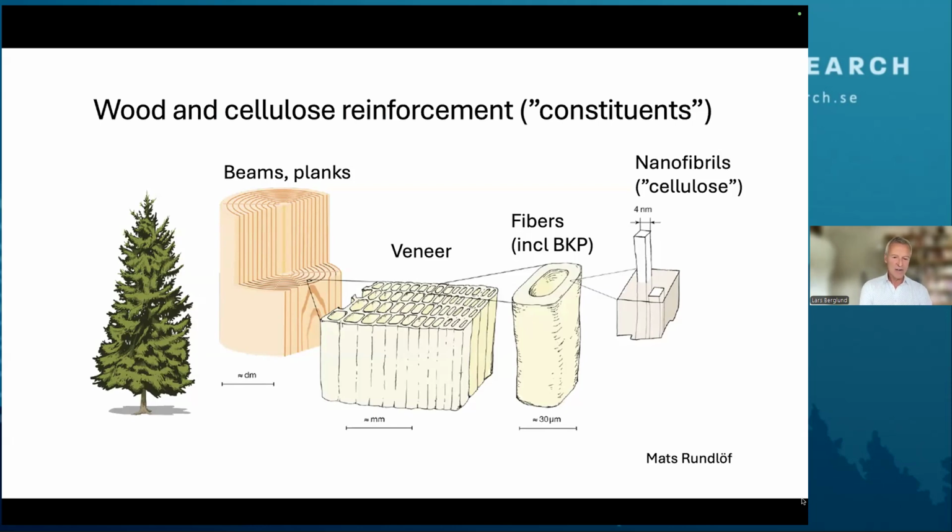Then we have veneer used in plywood, but we can also impregnate the veneer to turn it into wood composites. Previously, it was very popular to impregnate with phenylformaldehyde and make very stable materials based on such composites. We can make composites from fibers. And on the right-hand side, you see the nanofibrils from cellulose, which make up the cell wall.